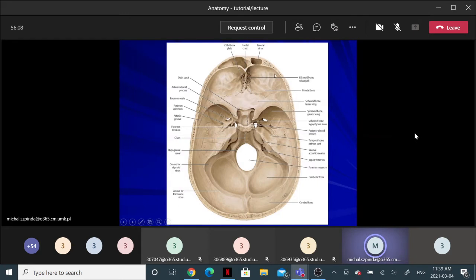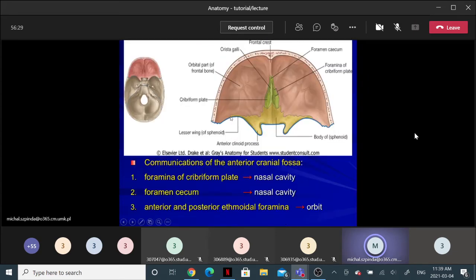This means that the orbital part of the frontal bone is at the same time the orbital fornix, and the cribriform plate at the same time contributes to the nasal fornix.